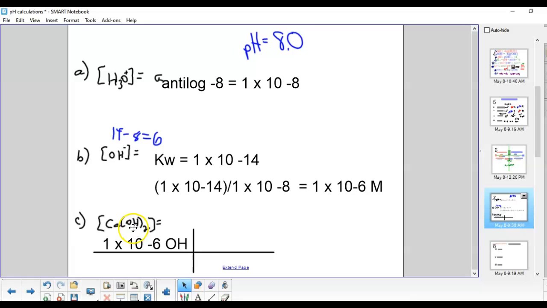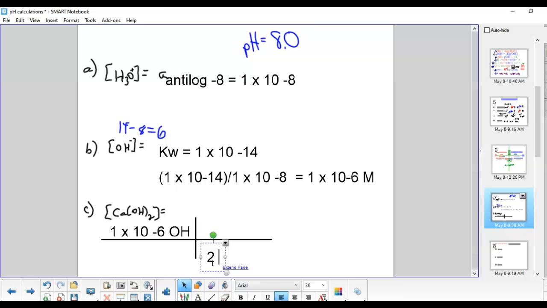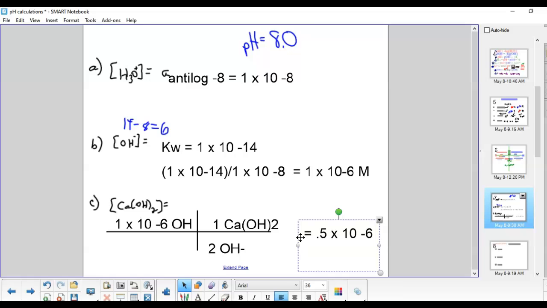Because look at my formula. I have 2 OH minus for every 1 calcium hydroxide, so what's that going to give me? It's going to equal 0.5 times 10 to the minus 6. Typically we don't write things like that. So it would be 5 times 10 to the minus 7.